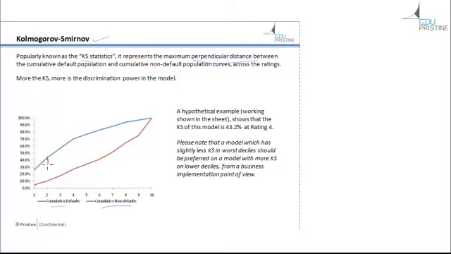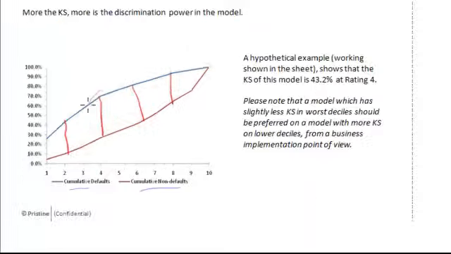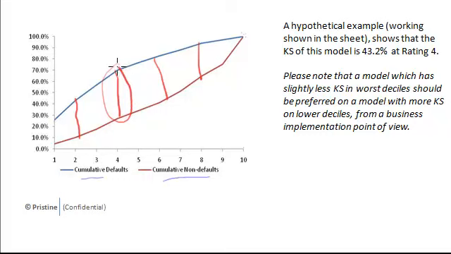Suppose this is a perpendicular distance and this is a perpendicular distance. Obviously this distance is greater than this one or this one or this one. So this is the biggest distance. As you can see, this is the KS statistics of our model, which comes at band 4.